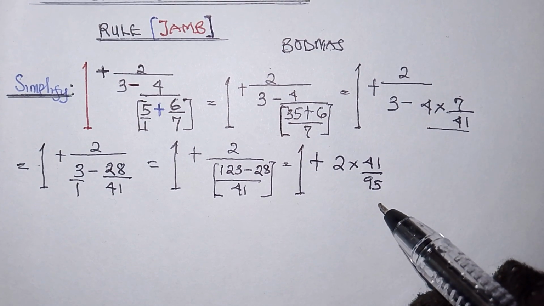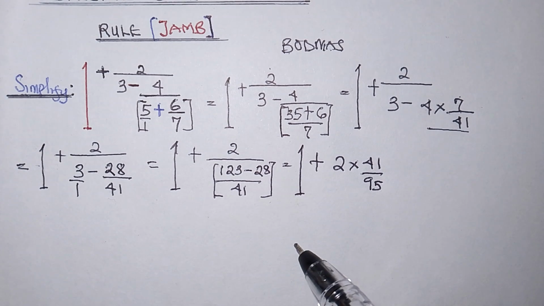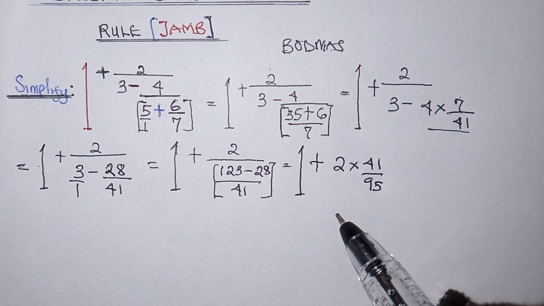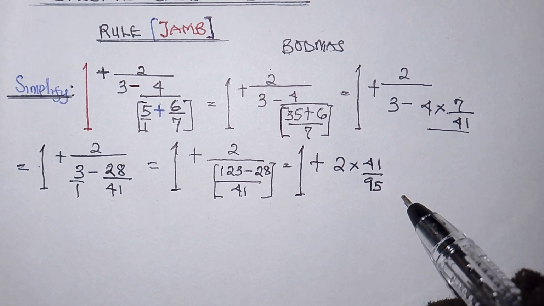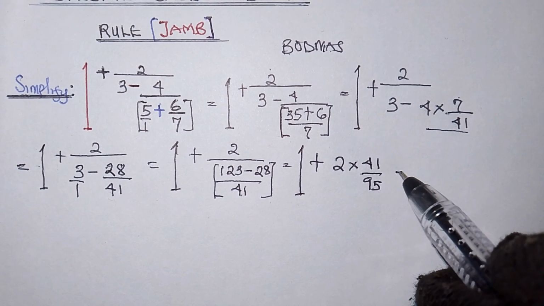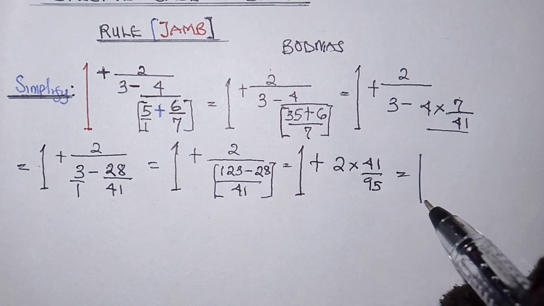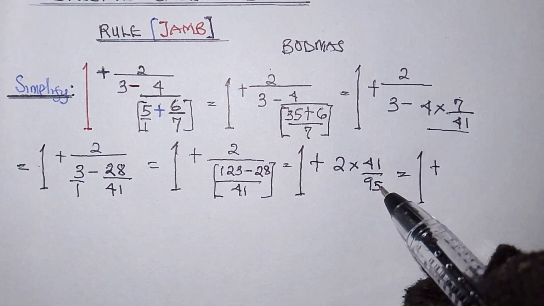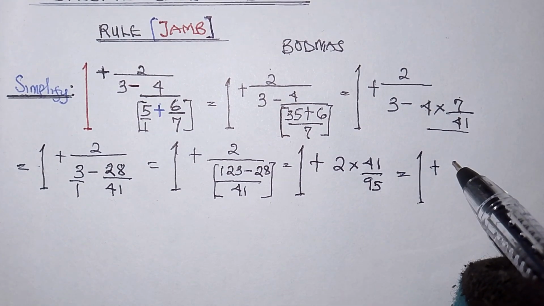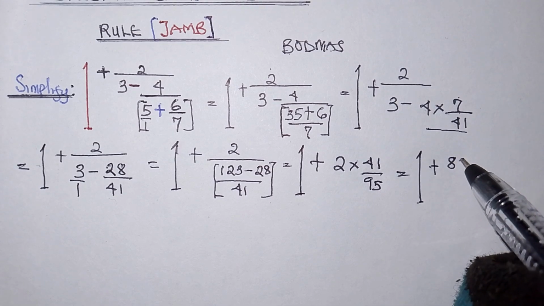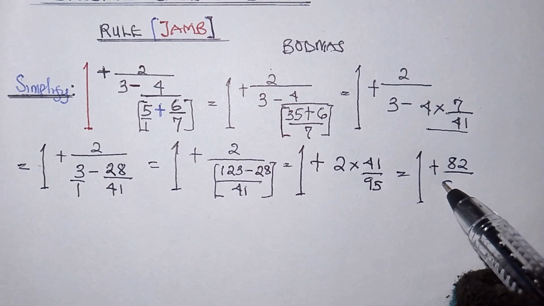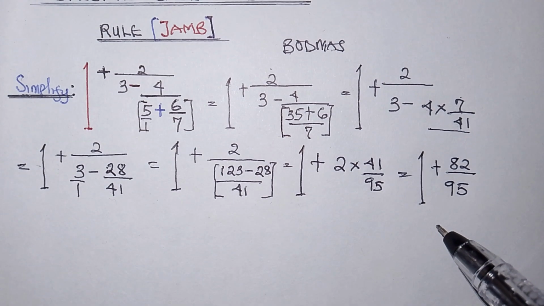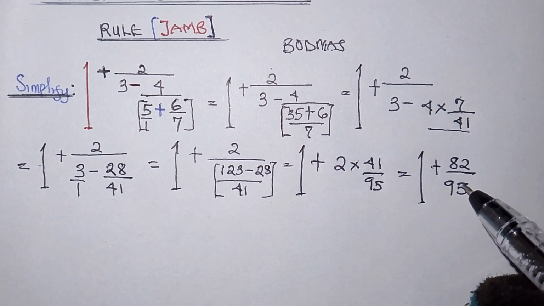So we have obtained this, so we need to continue simplifying to obtain the final solution of this problem. If we continue, we are going to have 1 whole number added to 2 times 41, that is 82 divided by 95. Finally, we have obtained a whole number added to a fraction.